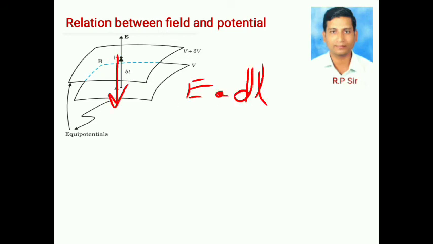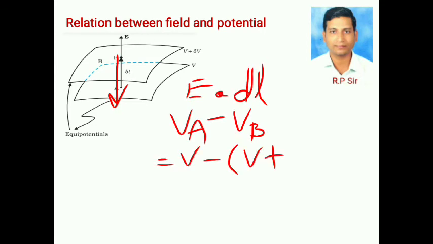This work done is equal to the potential difference VA minus VB, which equals V minus (V plus delta V).